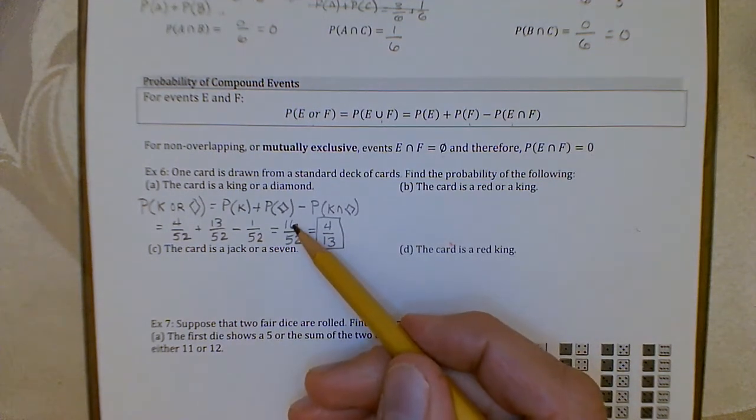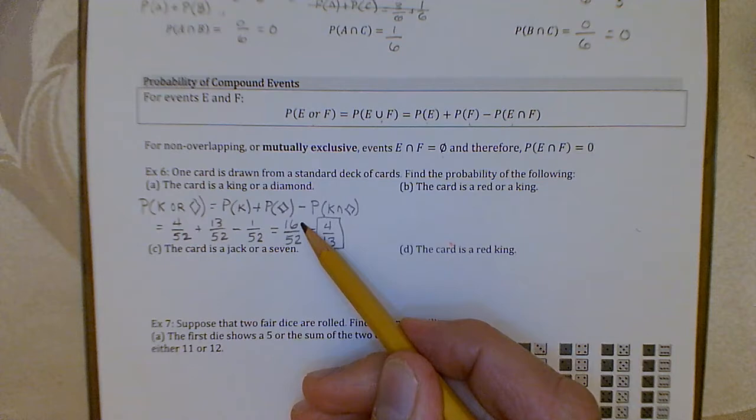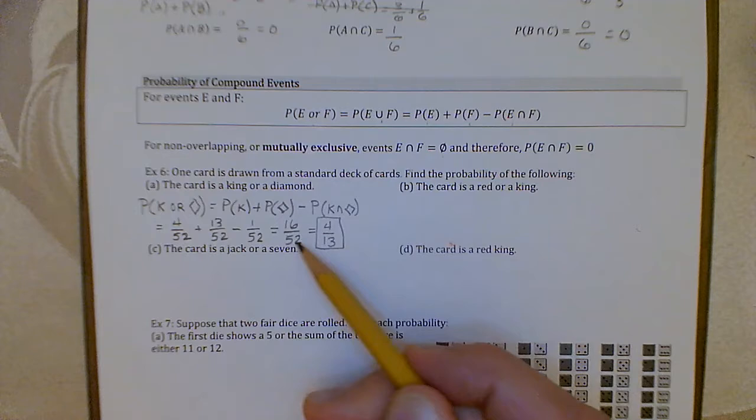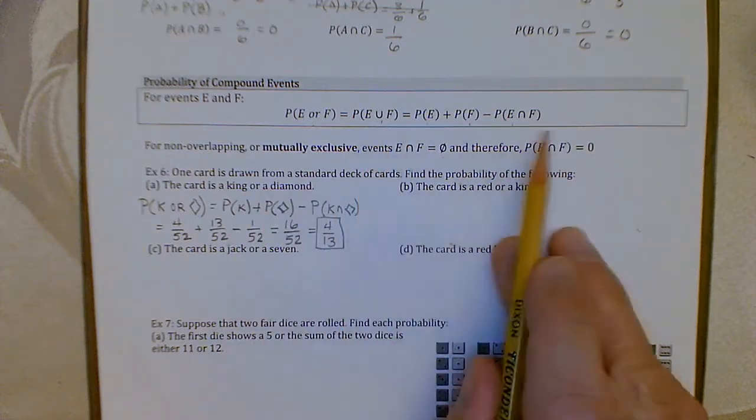Now, sometimes it might be easier just to think about how many cards that is. Well, there are 13 diamonds, and then there are 3 more kings: hearts, clubs, and spades. So you can add it up that way too by looking at your list of the deck of cards. But this is using the formula.